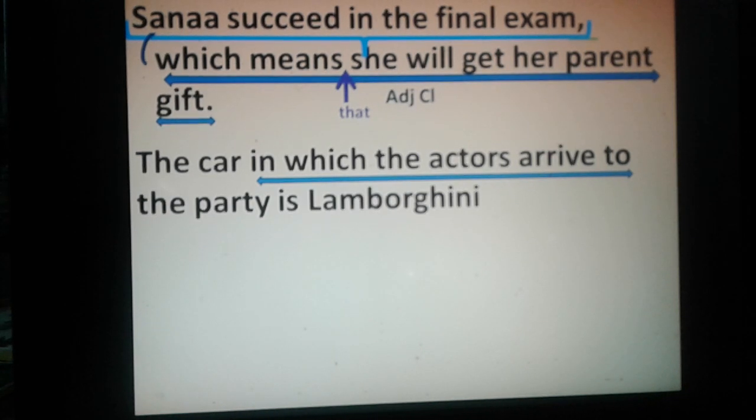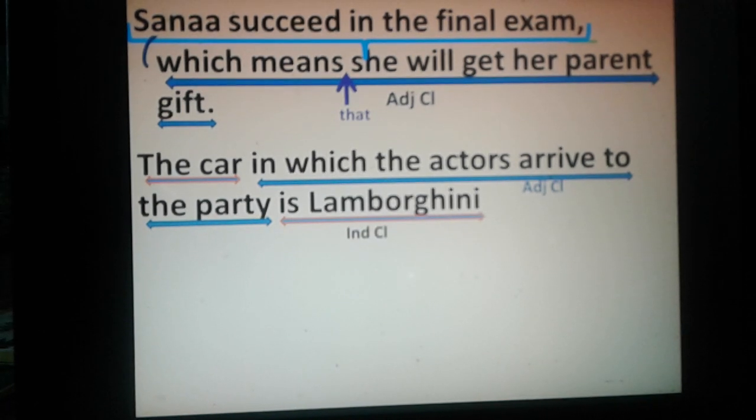"In which the actors arrive to the party" is an adjective clause. "The car is a Lamborghini" is an independent clause. Here we don't have a comma because an adjective clause gives us extra information about what the car is talking about.